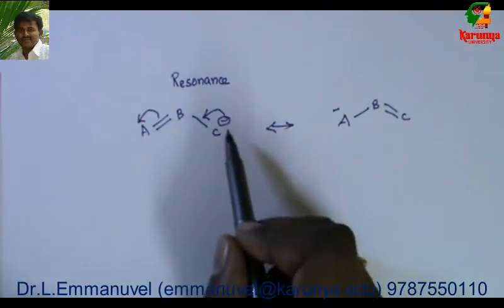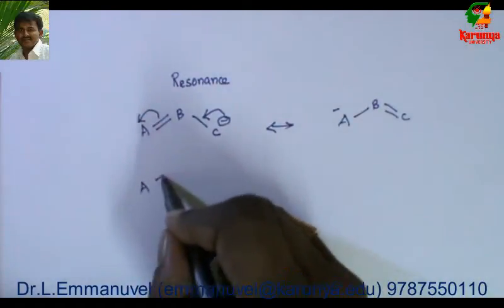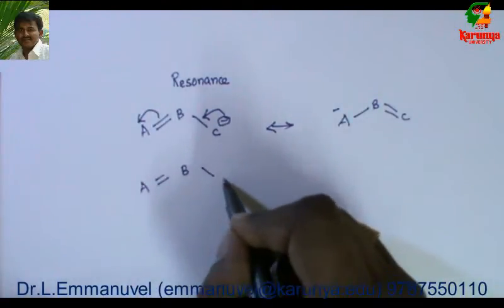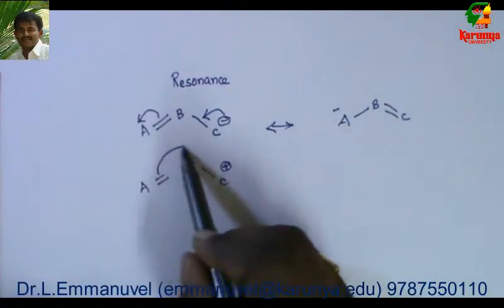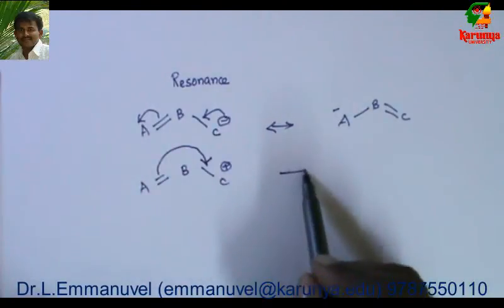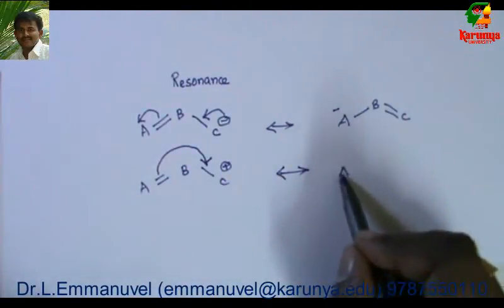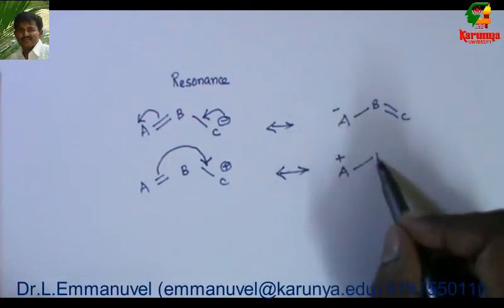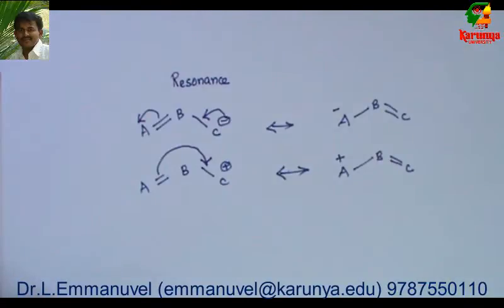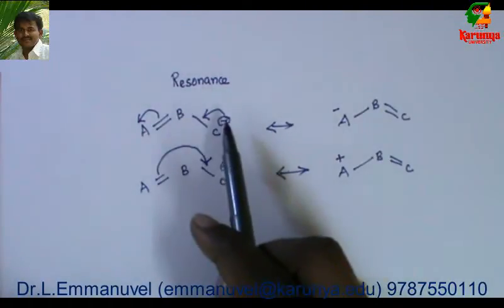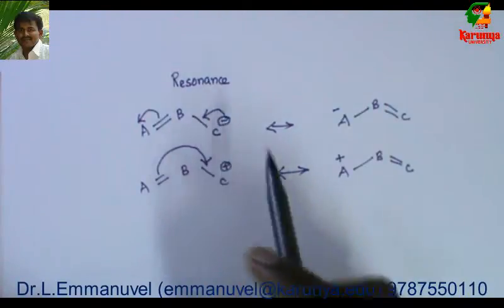Not only minus charge, it may be a positive charge also. Carbocation. Then this bond will fall here and what we get is A plus. Remember, the arrow always should go from the nucleophilic position to the electrophilic position.